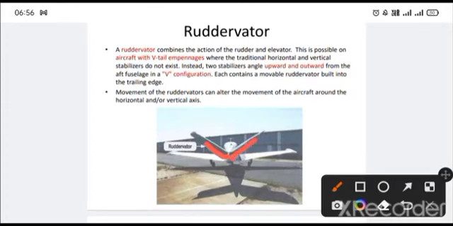These are known as V configuration, because this looks like a capital letter V. The upward and the outward from the aft fuselage, they are fitted, and they have a V configuration, and each contains a movable ruddervator built into the trailing edge, and they are usually used to move the aircraft about the horizontal axis and or vertical axis.